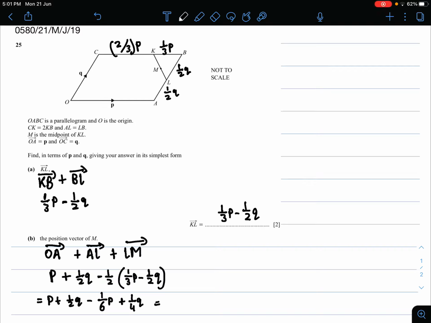Now we need to make the denominators of both the terms the same. So how we do that is, we multiply P by 6 and the denominator of P also by 6. So we would therefore have 6p minus p, the whole thing divided by 6, because now they have a common denominator.